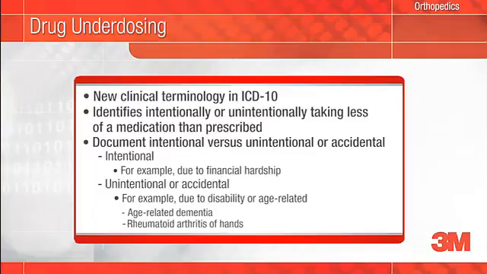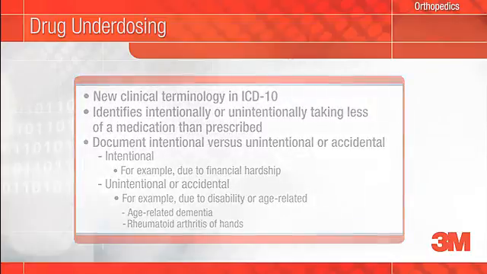Upon questioning, patient admitted that she stopped taking the iron because it caused stomach pain and constipation. Or patient has age-related dementia and forgot to take her antibiotic as prescribed. Or patient stopped taking her tamoxifen because she cannot afford the medication.